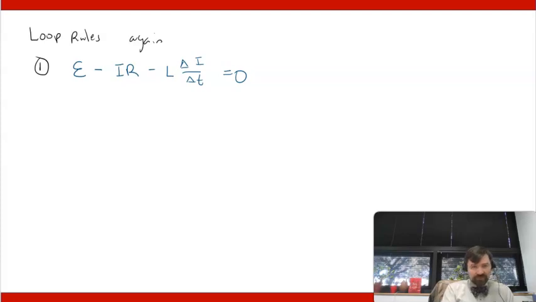And for the second loop, you actually end up with something like I times R minus L delta I over delta T is equal to 0. Now you may be wondering why this relative sign change between these two.